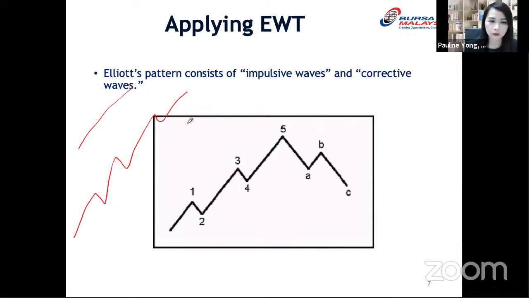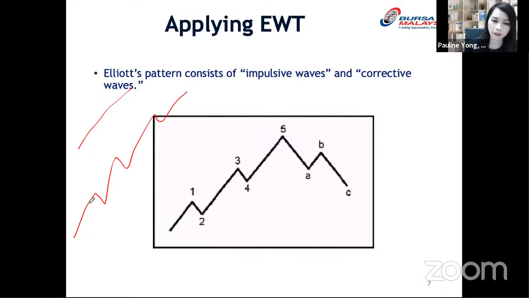At least we know that when you reach wave number 5, it will be followed by a series of corrections, and the correction will be ABC. Then it will resume the uptrend, and count 1, 2, 3, 4, 5, and then ABC.